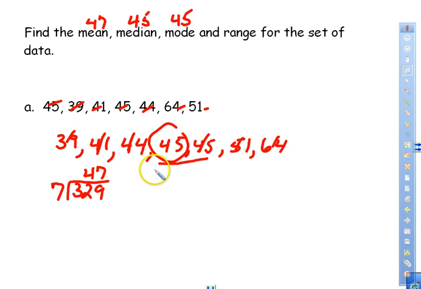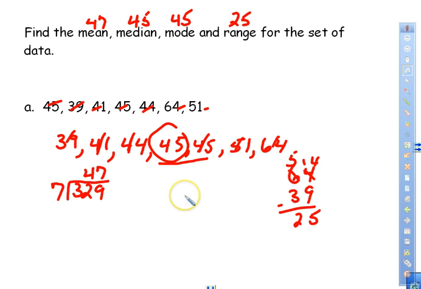So again, the mode is 45. And my range is taking my largest and subtracting my smallest number. So I get 14 by borrowing from the 6, and I get 5 and 2. So 25 is my range. Again, finding the difference between the largest and the smallest number.